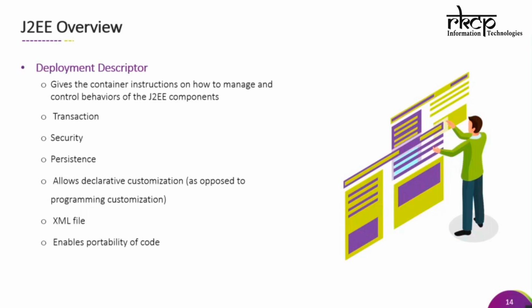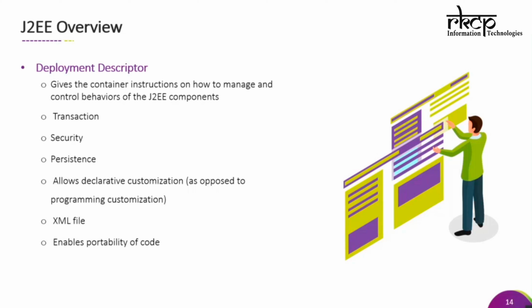There is one very important part, that is the deployment descriptor. The deployment descriptor informs the server how the project has to be deployed on the production environment. Here you provide information about managing the different components, how to handle transactions, how to handle security, how to handle persistency, how to allow declarative customization, what the XML files are, and how to enable portability of code.